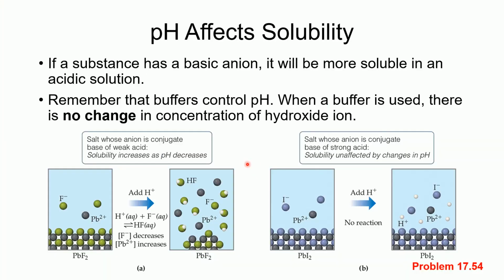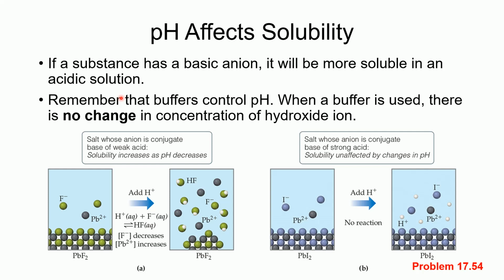So we've got a whole bunch of those. And so one thing we can do is use a buffer solution. When we use buffer solutions, the cool thing is that there's no change in the concentration of hydroxide ion, meaning that in a buffer solution, when we do our concentration table, it's going to be a lot simpler.